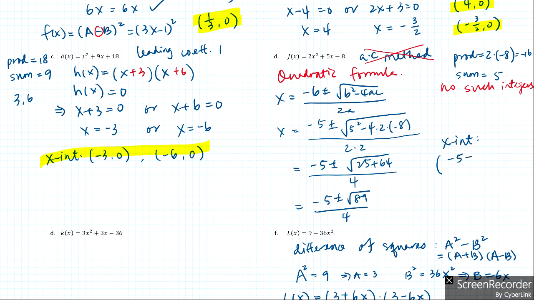We have (negative 5 plus root 89) over 4, comma 0, or (negative 5 minus root 89) over 4, comma 0. And these are the results. This method, the quadratic formula, works universally, but it's usually not very efficient at all. So save it for last. If none of the other methods work, go to the quadratic formula.